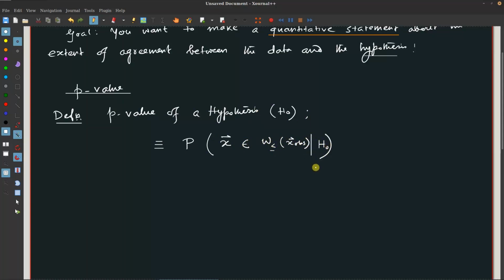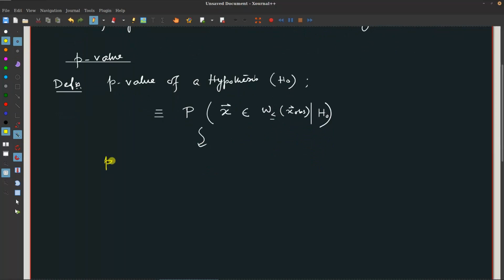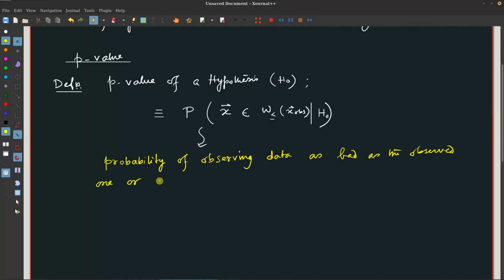So this symbol that I have written here is the probability of observing data as bad as the observed one, or even worse.